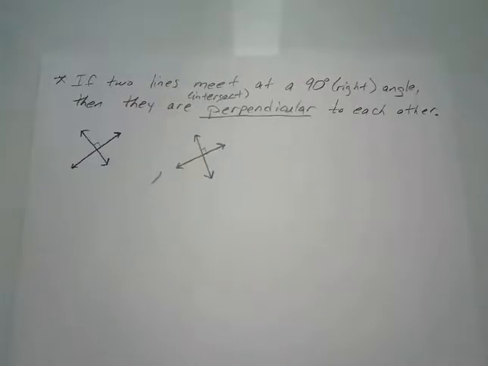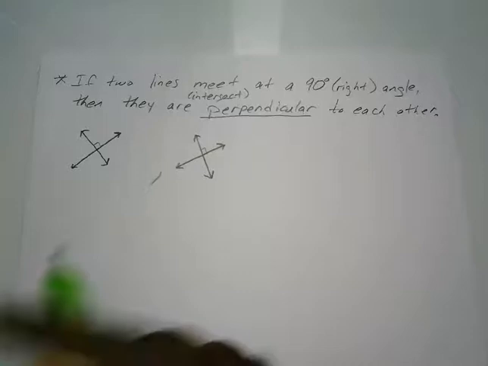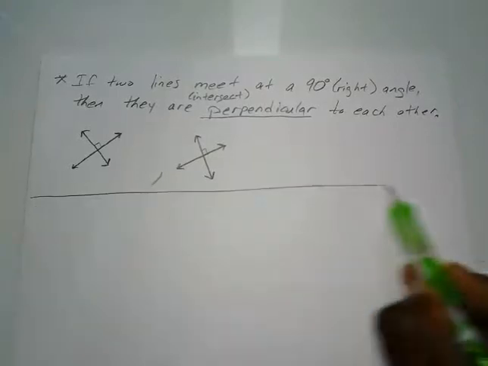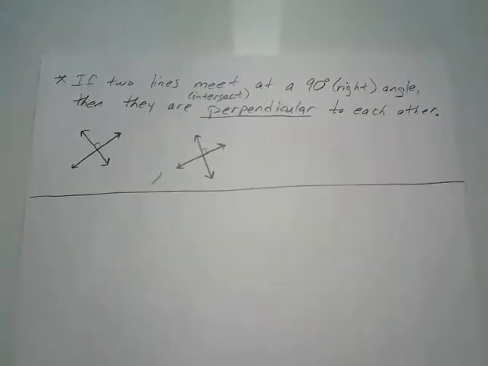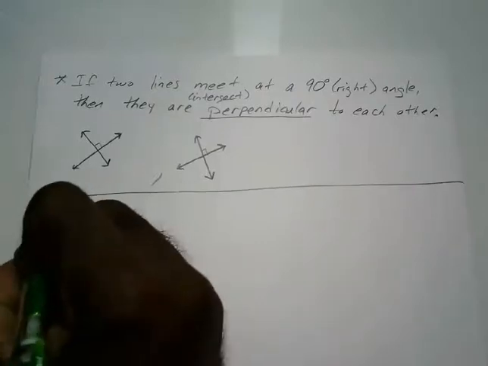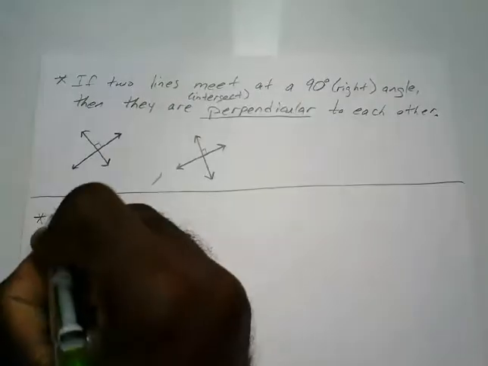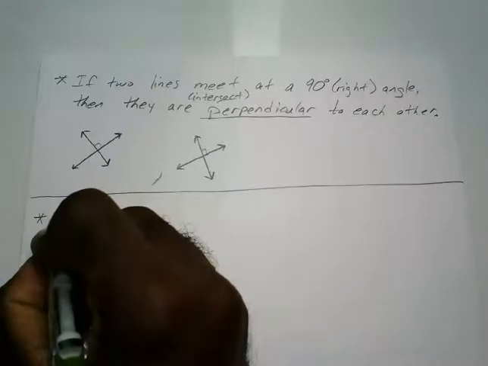Okay, now we know what they look like when they're graphed. To figure out whether or not two lines are perpendicular to each other when you're given just the equations, you have to look for two specific things. And before we go over those two specific things, we're going to go over a really quick definition.